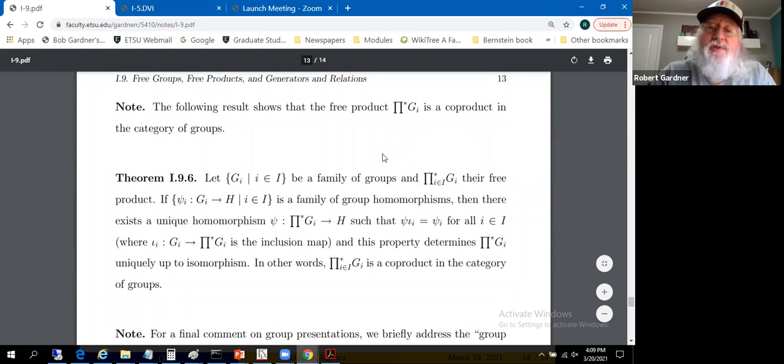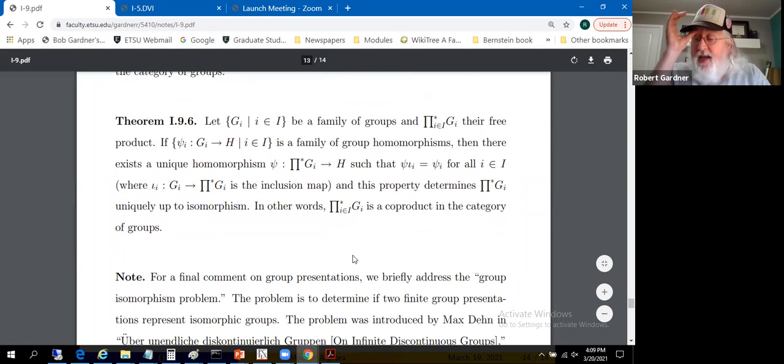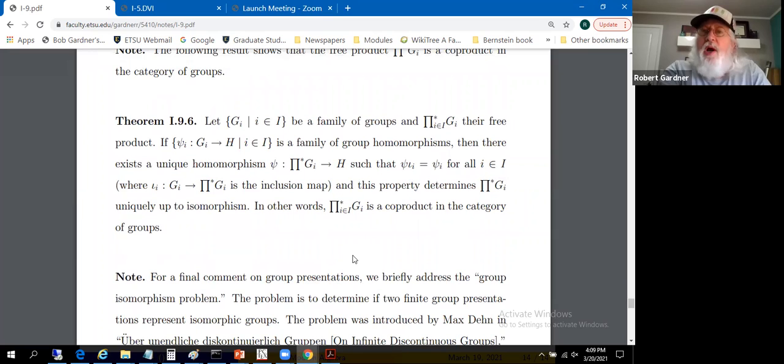The following result shows that the free product actually is a coproduct in the category of groups. Not to belabor this too much, but saying we had either a product or a coproduct always involved the existence of a unique morphism. Here, the morphisms will be homomorphisms in the setting of groups. So Theorem 1.9.6 says, if G sub I is a family of groups, we consider their free product.